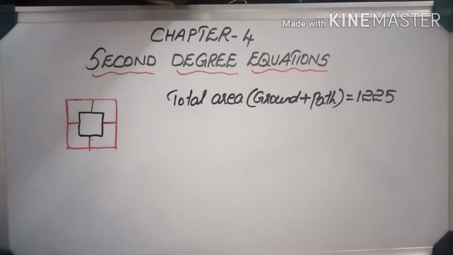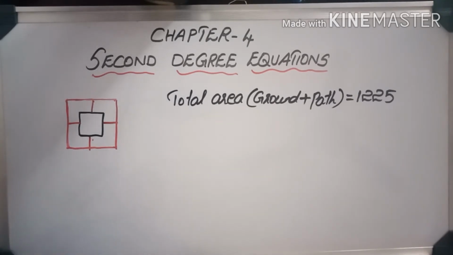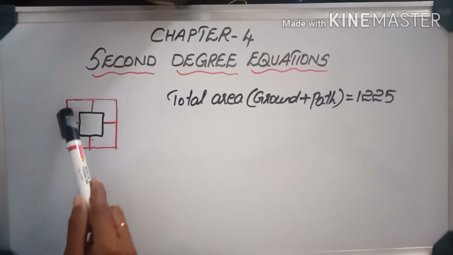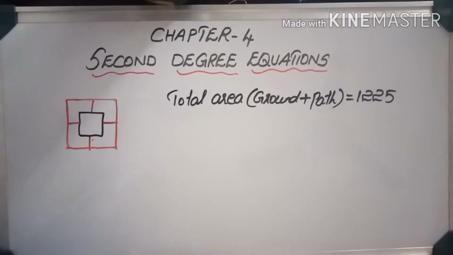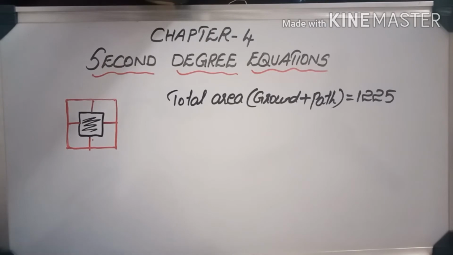Now here it is given that the total area means the area of the ground and the area of the path. The area of this ground and this path together is 1225. We need to find the area of the ground alone. Only this portion we need to find here.